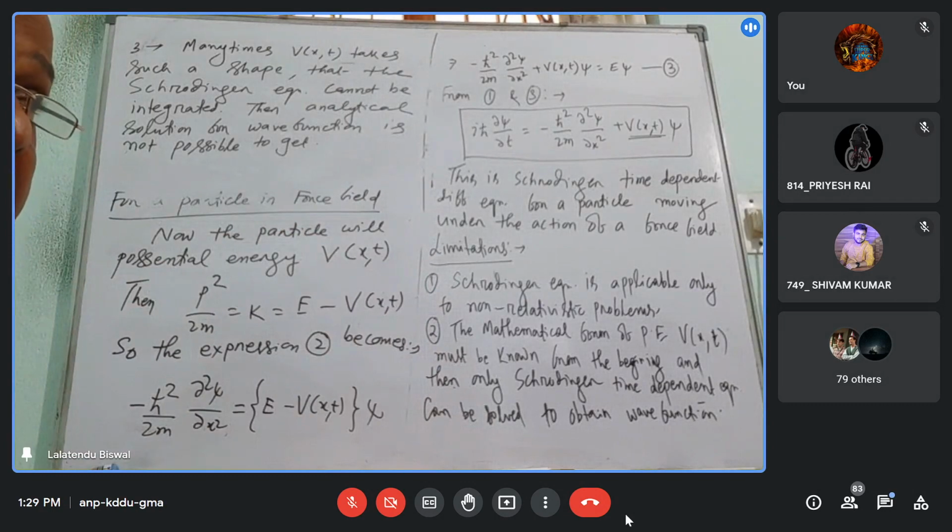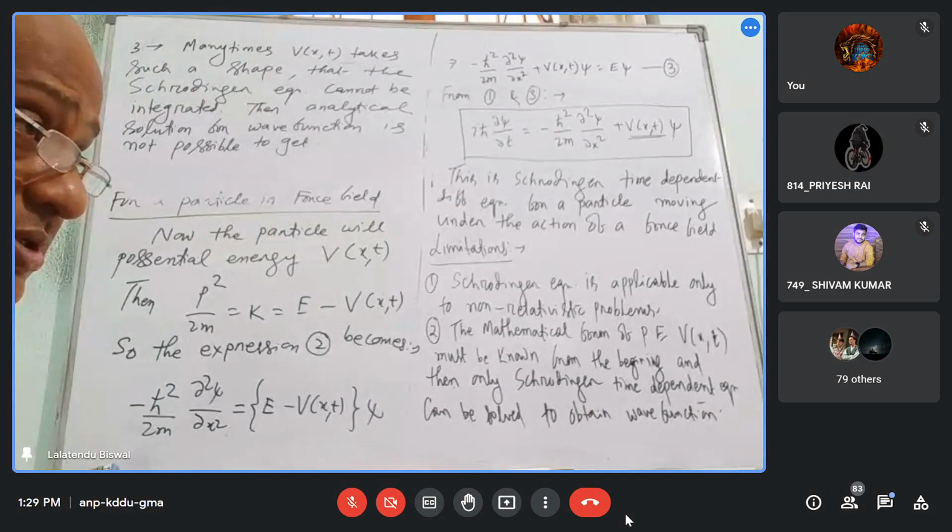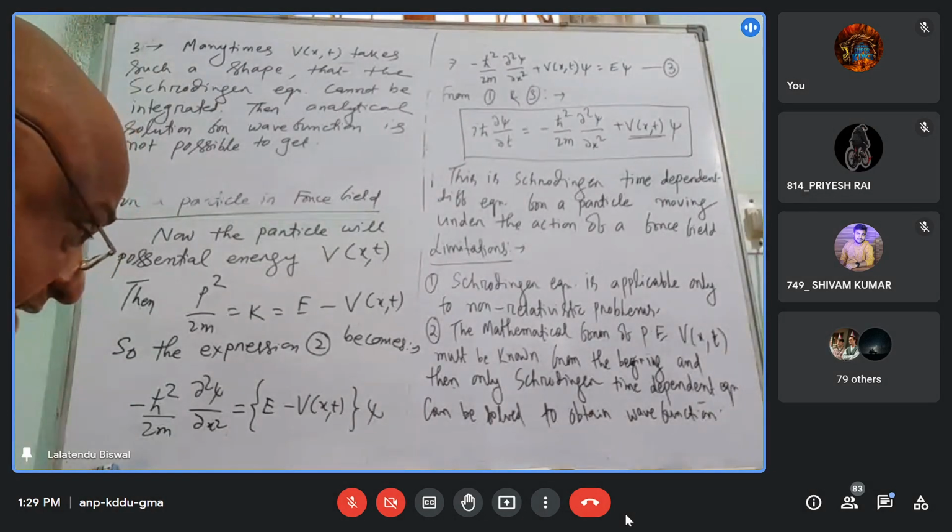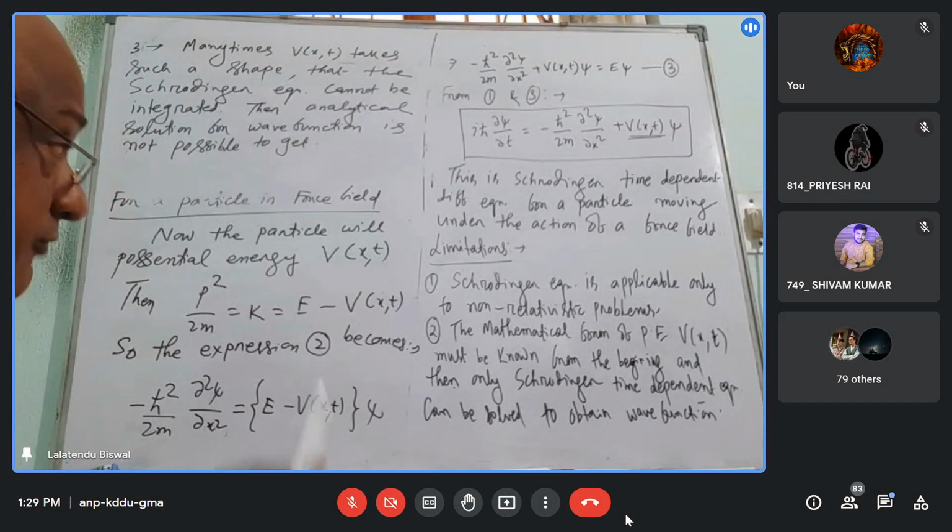And many times second order partial differential equations can be solved by the separation of variable method. But that happens only when the coefficients are not functions of both the independent variables.